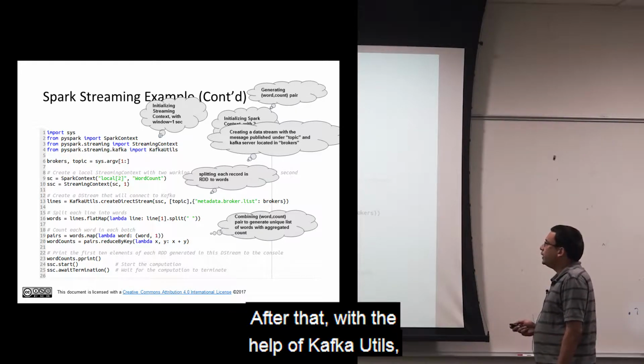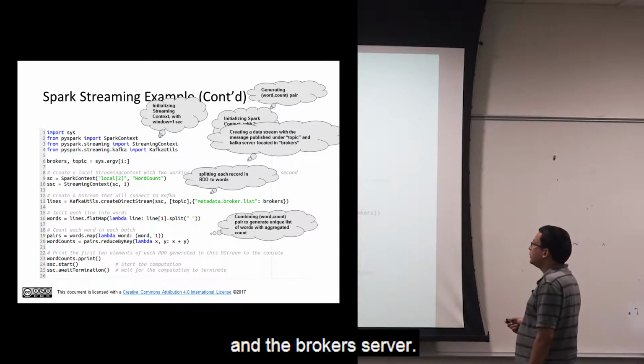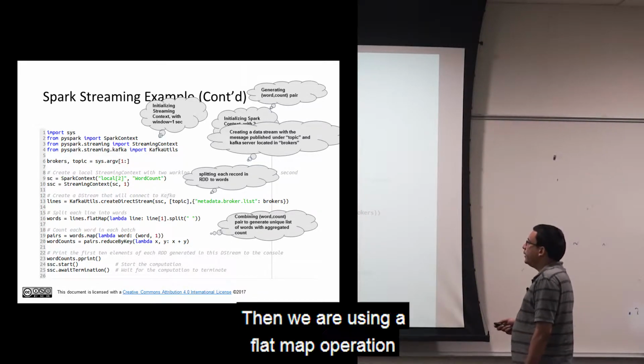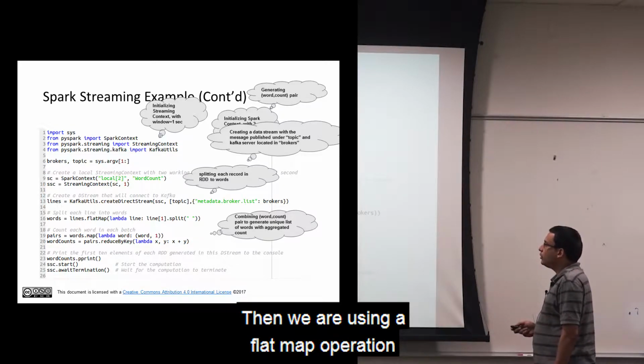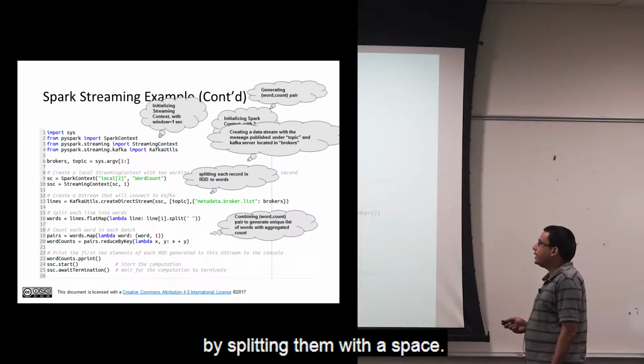After that, with the help of Kafka utils, we create the stream, specifying the topic and the brokers server. Then we use a flat map operation on the stream to generate the words by splitting them with the space.